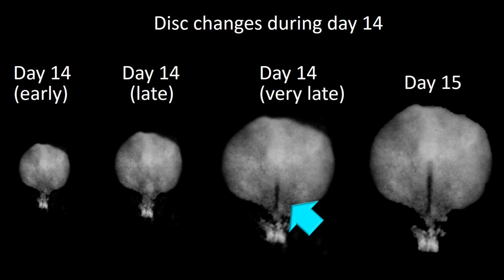Thus, at this stage, the primitive streak is formed by the primitive ridge flanking the primitive groove. The primitive streak is an epiblastic structure involved in the formation of mesoderm. In these photographs, the primitive streak is represented by the dark line with the slightly raised edges, as you can see indicated by the arrow.